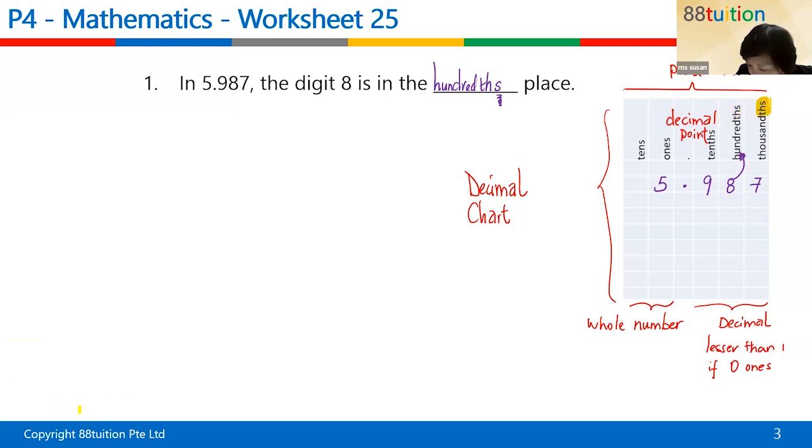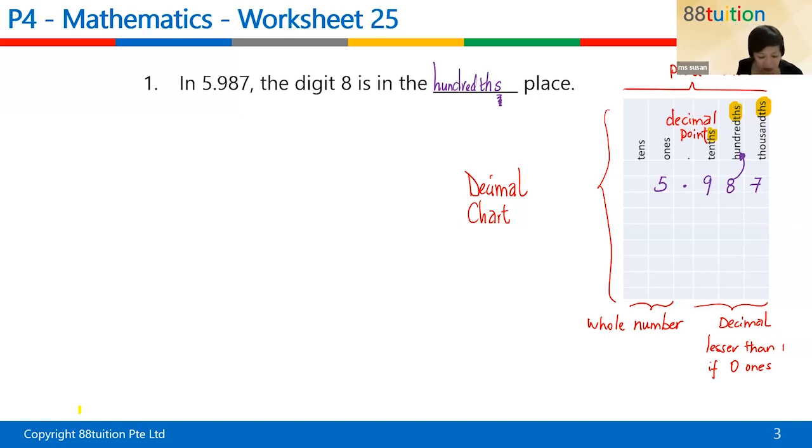So you see, all come with THS. Why are there thousandths behind ones? Because ones is the smallest, right? Yes, but anything smaller than one, we call them decimal.